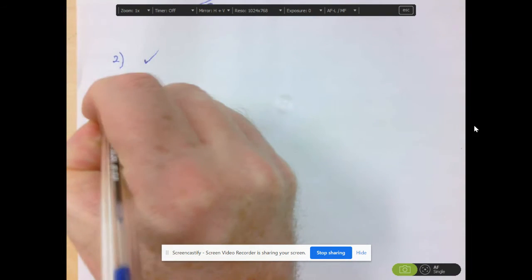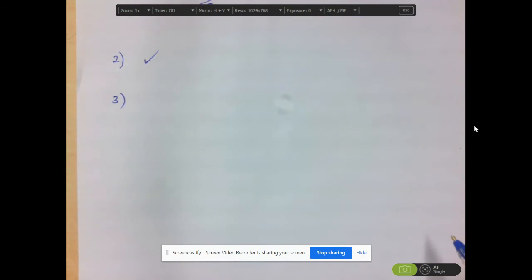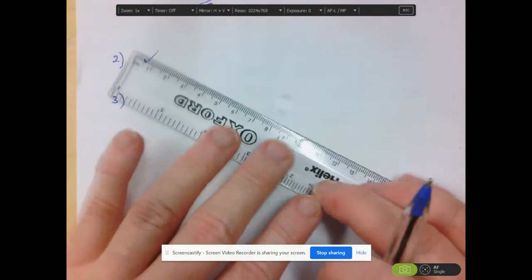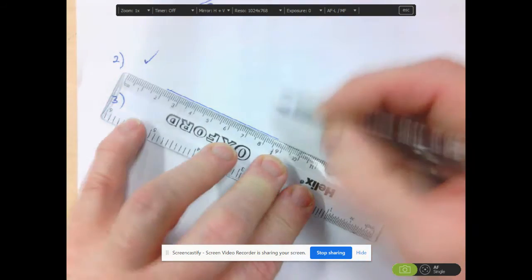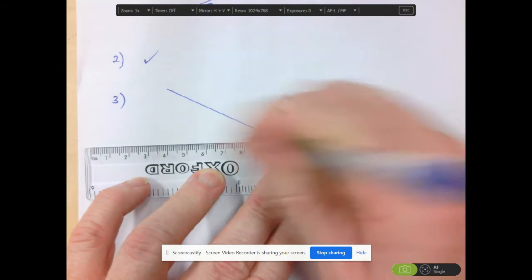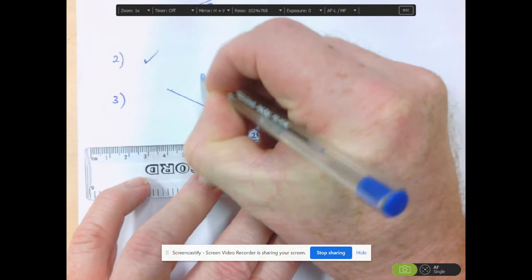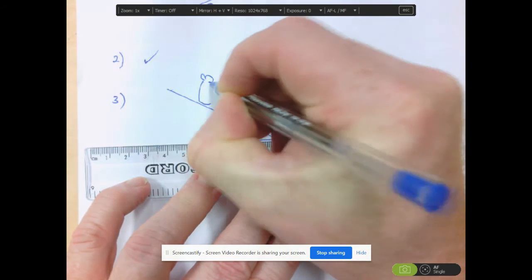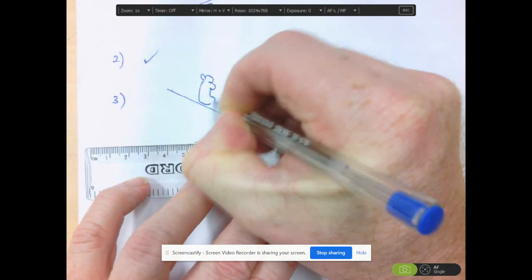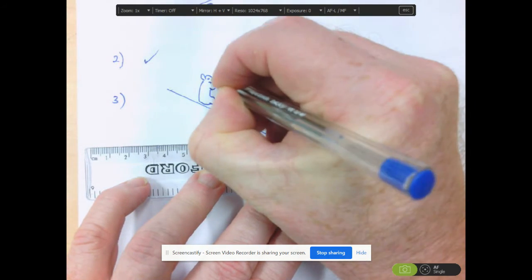Question 3, SeaWorld, a polar bear is sliding down a wet slide at an angle of 25 degrees. So we're assuming that the slide is like that, and here is our polar bear. Okay, I'll put some polar bear legs and arms on, and a nose.